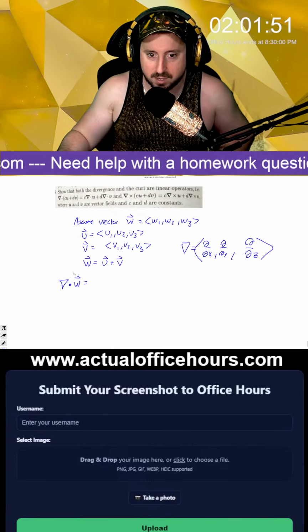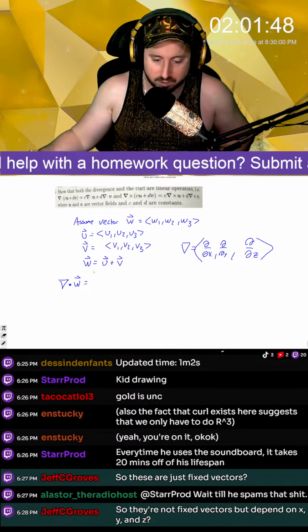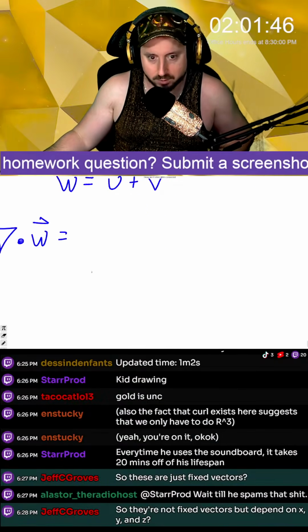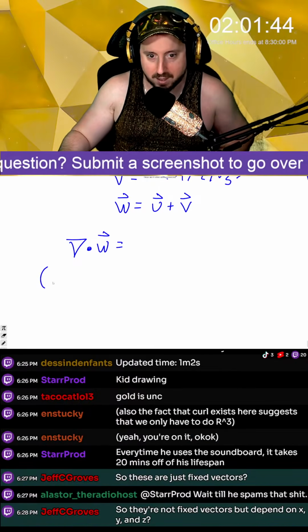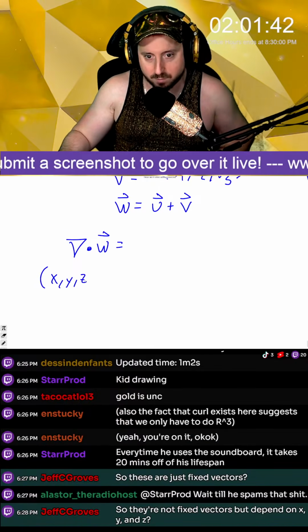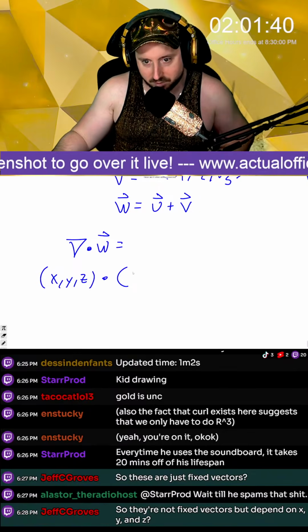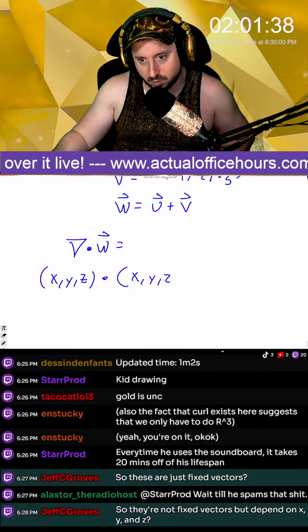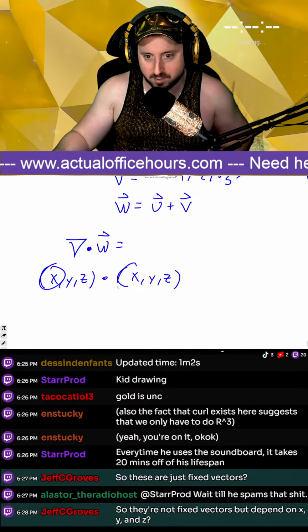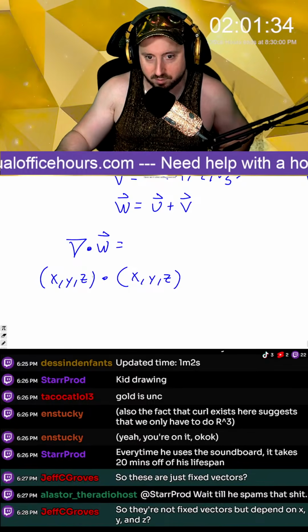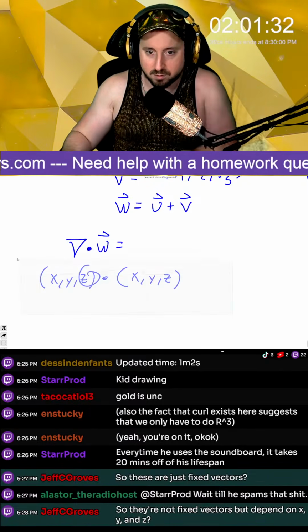So if we want to say div w, let's remember how dot products work. If you have something with an x, a y, and a z component, dotting with something else with an x, a y, and a z component, the dot product is this times this, plus this times this, plus this times this.